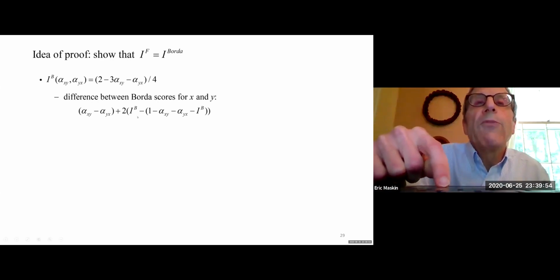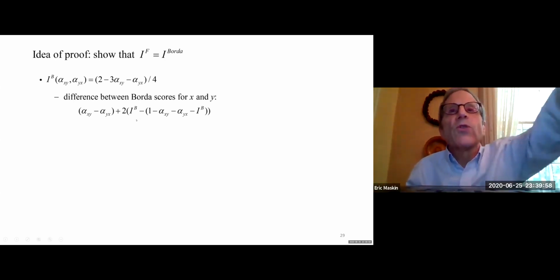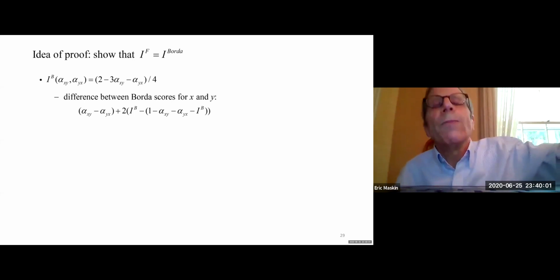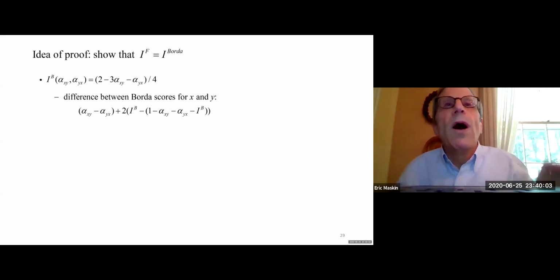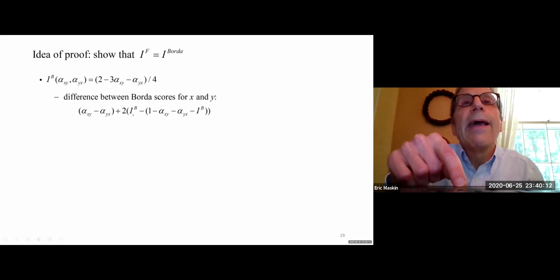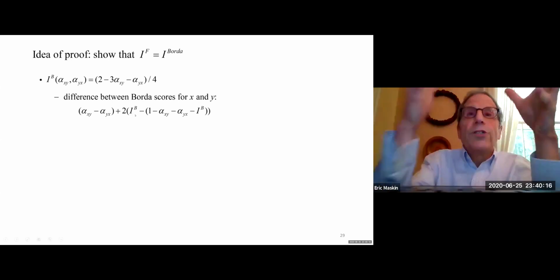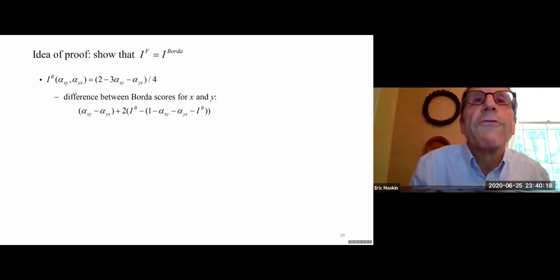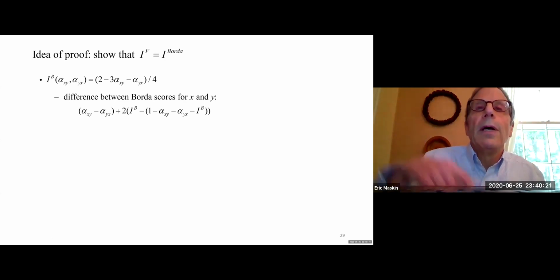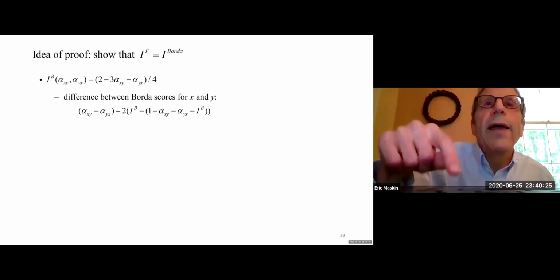Now, for the preferences where z does lie between x and y, then every time x is ranked above y, x gets 2 more points than y. So that's why over here there's a 2 multiplying IB, which is the fraction of people with the ranking XCY.